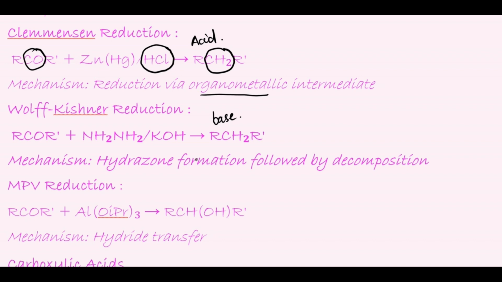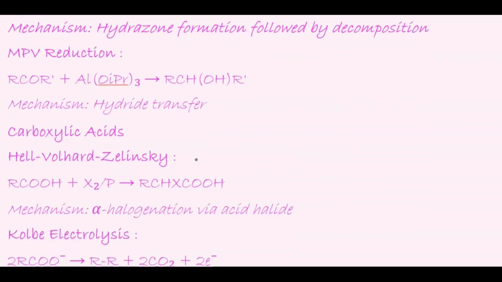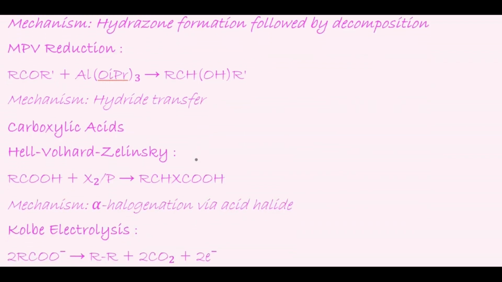But in case of Clemmensen, zinc amalgam. But in case of Wolff-Kishner, it is hydrazine. Hydrazine with base, it is forming the reduced product. MPV, Meerwein-Ponndorf-Verley, it is using aluminium isopropoxide, that will give you alcohol.